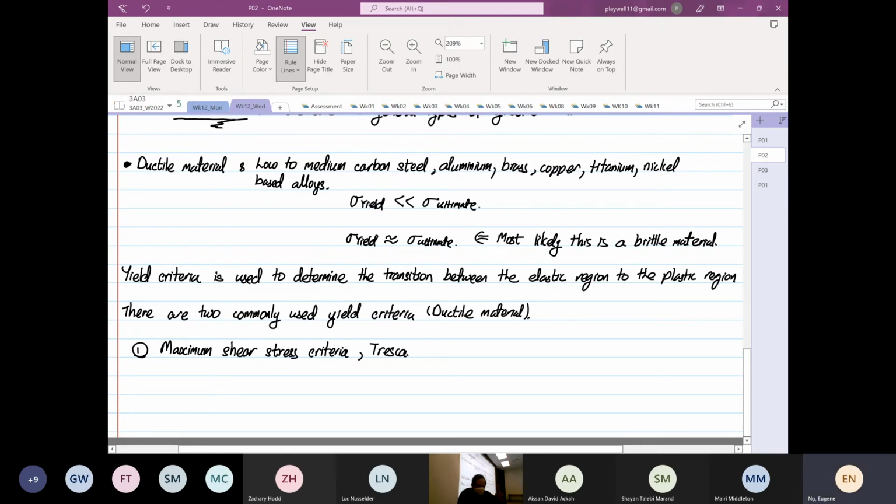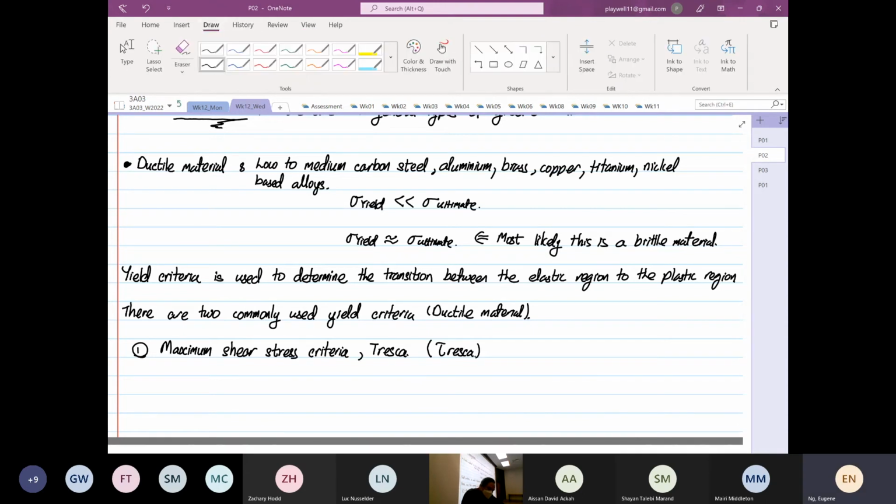Have you guys seen before, as I think I taught you before when we were doing 3D Mohr's circle, I like to write Tresca as in a tau, Tresca. Because this tau over here, usually you use that symbol for what? Yield stress, yes or no?